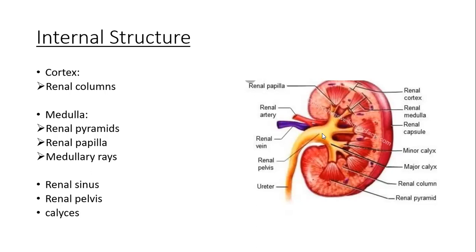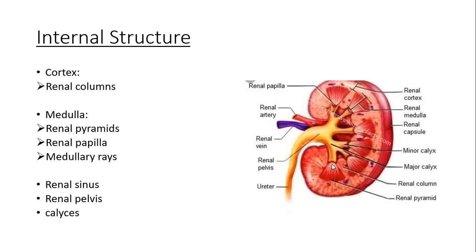Now you can see in the diagram the renal pelvis within the renal sinus dividing into smaller subdivisions. These subdivisions are known as major calyces, about 2 to 3 in number. So here you can see this major calyx, this and this. Each of these major calyces further divides into 2 to 3 minor calyces.